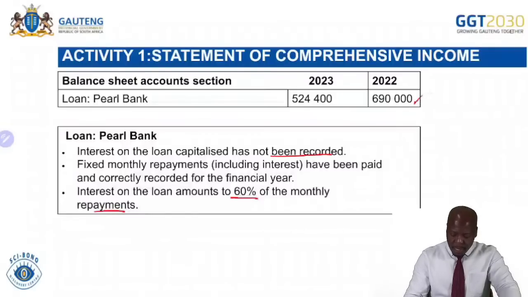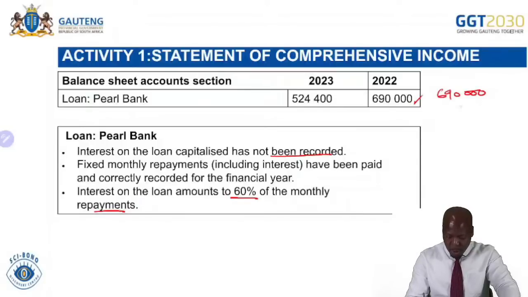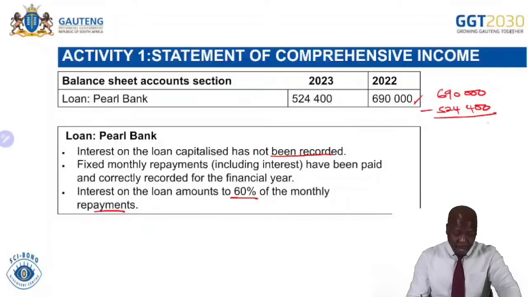So we will take the 690, which is what we had at the beginning in 2022. Then we subtract what we are having now, 524,400. The difference between these two amounts gives you 165,600. This is the total repayments.